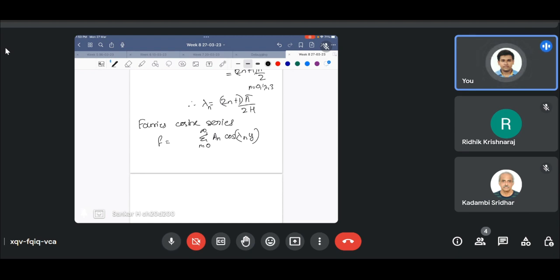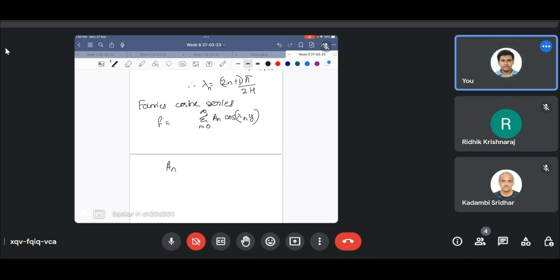We can find the value of an by taking the integral from minus h to plus h of the function of y with respect to lambda n, cos lambda n y, divided by the integral from minus h to h of cos lambda n y times cos lambda n y, dy, again dy.